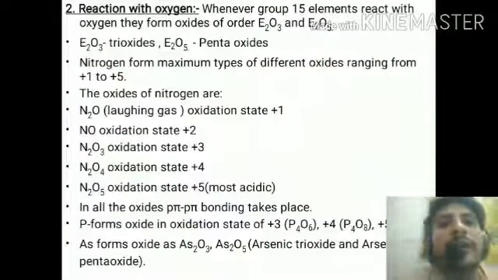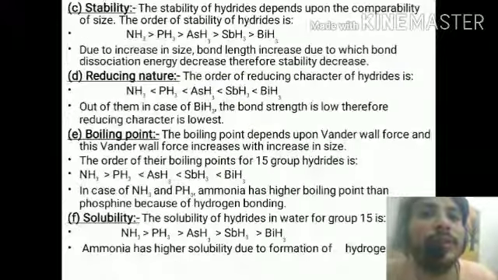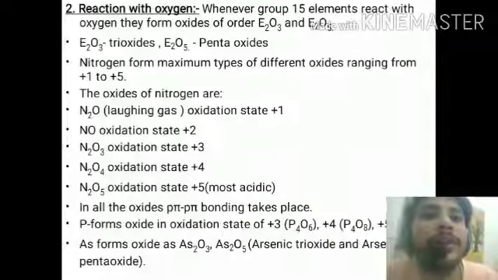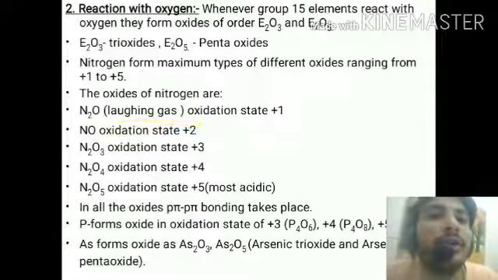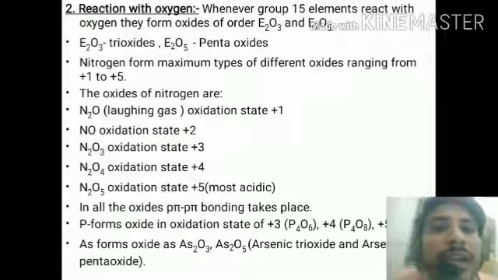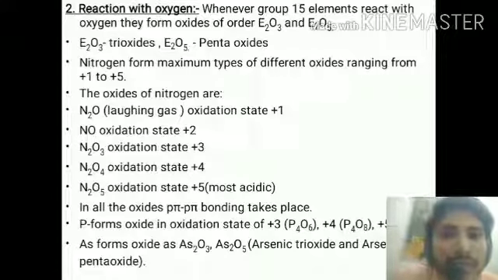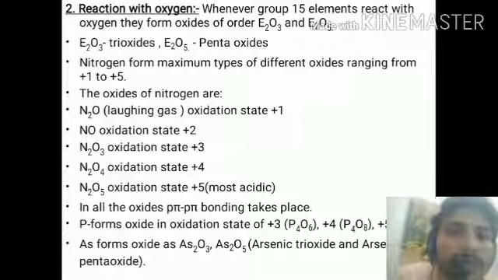Nitrogen forms the maximum types of oxides, ranging from +1 to +5. The oxides of nitrogen are N2O, called laughing gas or nitrous oxide, NO nitrogen monoxide, N2O3 nitrogen trioxide, N2O4 nitrogen tetroxide, and N2O5 nitrogen pentoxide.